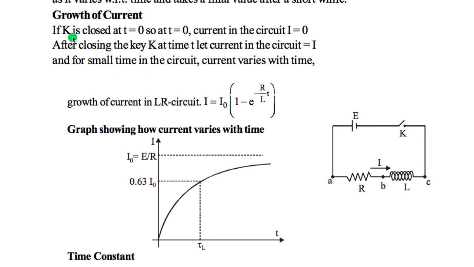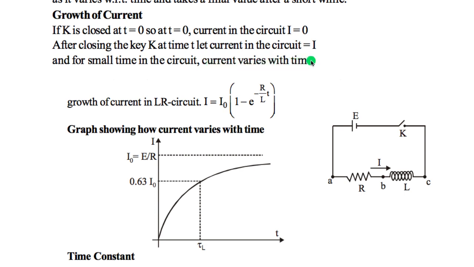If the key K is closed at time t, in the beginning the current in the circuit is I equal to 0. After closing the key, at time t let the current in the circuit be I. For a small time, the current varies with respect to time. That is called a varying current.